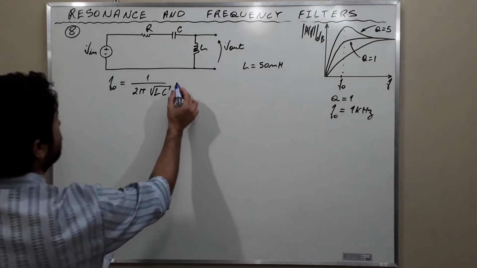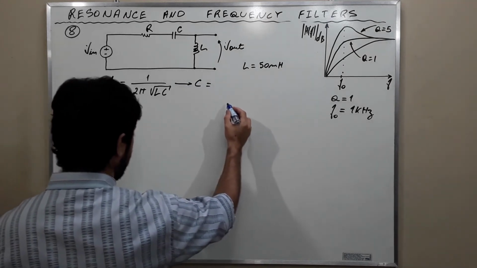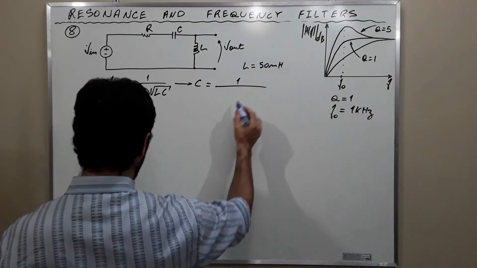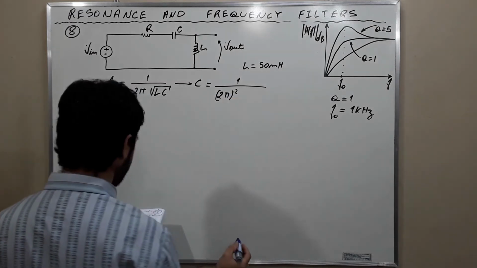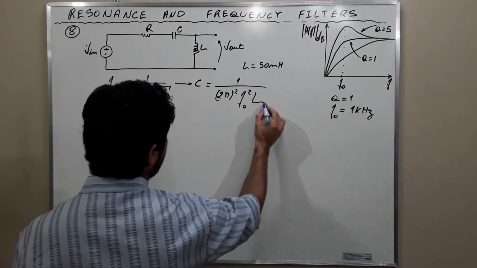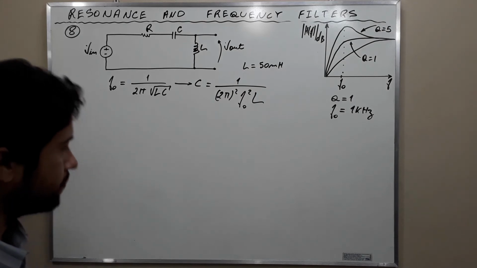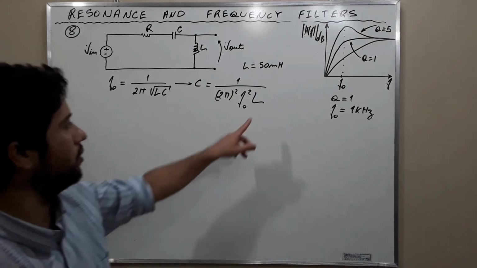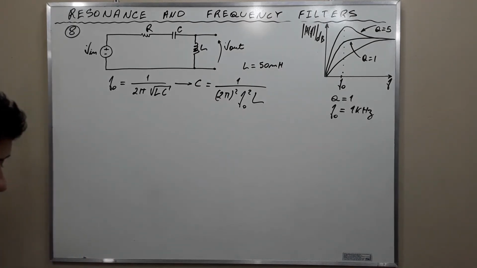And from this, we can calculate the capacitance in this way. 1 over 2 times pi squared times the frequency squared times the inductance. We were given the value of the inductance. Then, knowing this and this, we can promptly calculate the capacitance, just substitute the values.